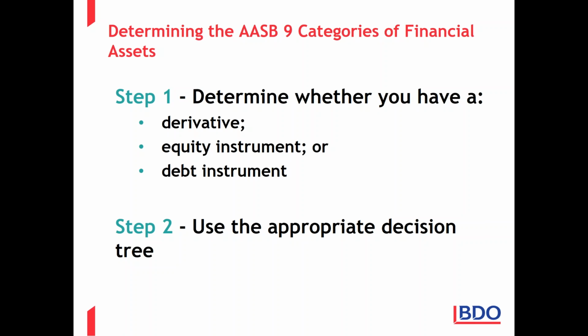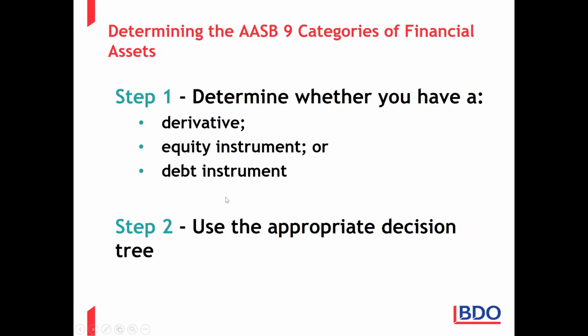And the decision tree I use depends on whether I've got a derivative financial asset, an equity instrument financial asset, or a debt instrument financial asset. So that's your first decision. Determine whether it's a derivative, an equity instrument, or a debt instrument. And then use the appropriate decision tree.